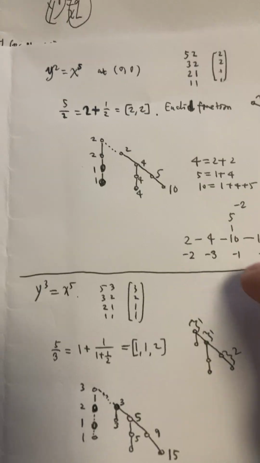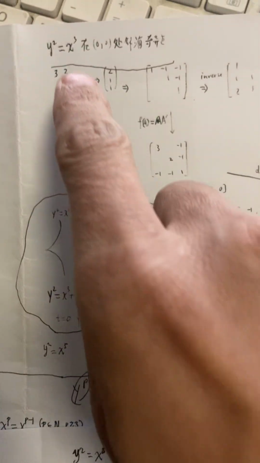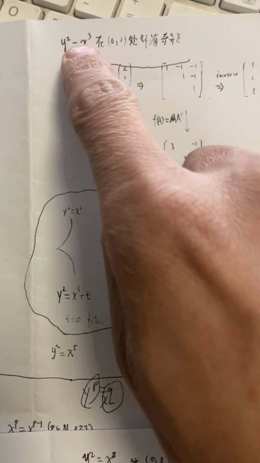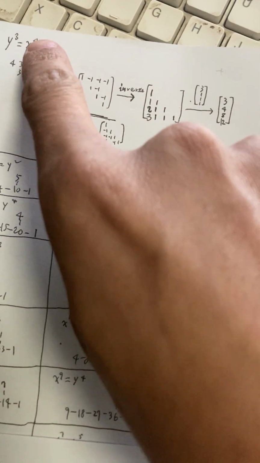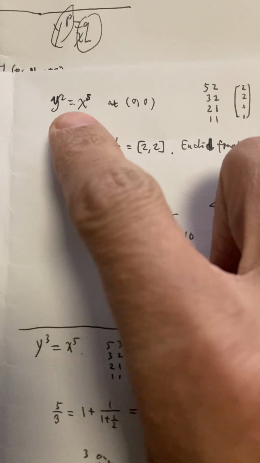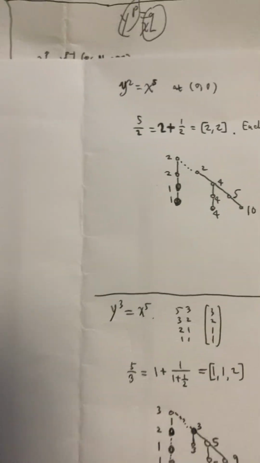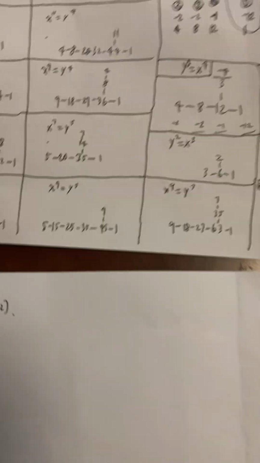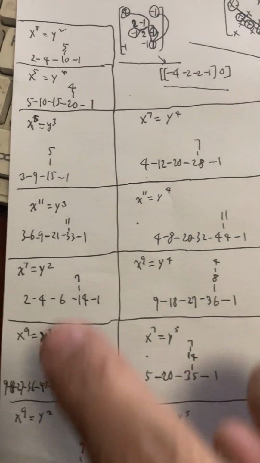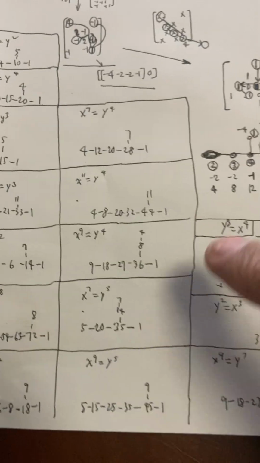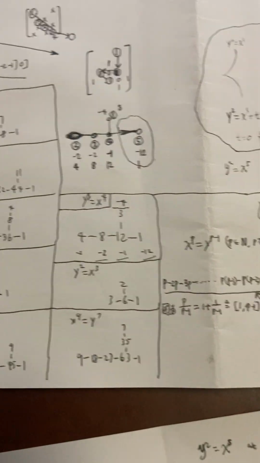The whole process: last lesson we already calculated y^2 = x^3 and y^3 = x^4. Today, y^2 = x^5. Finally, I get a table for the small numbers.